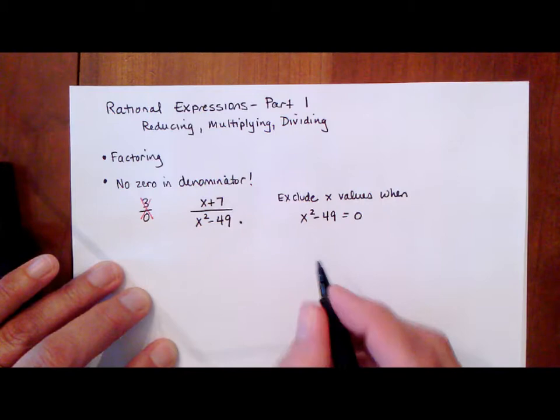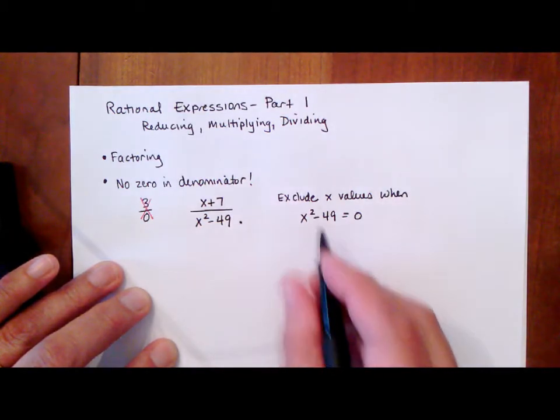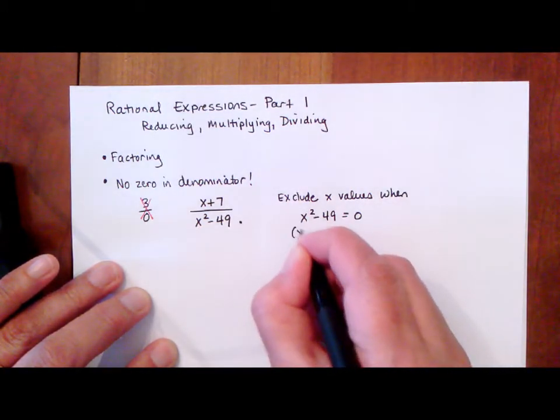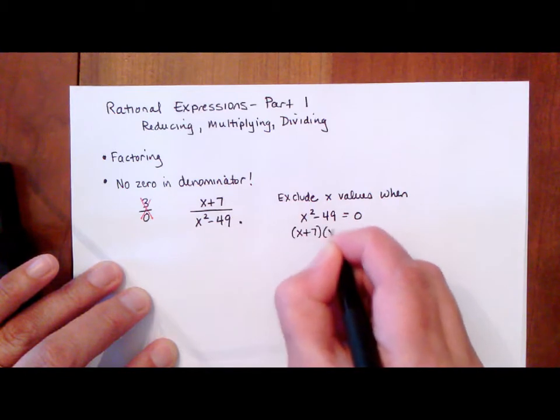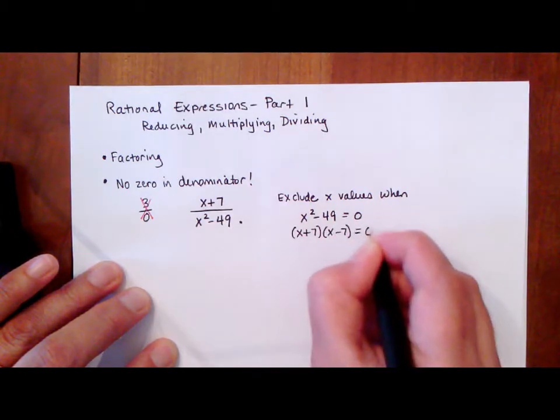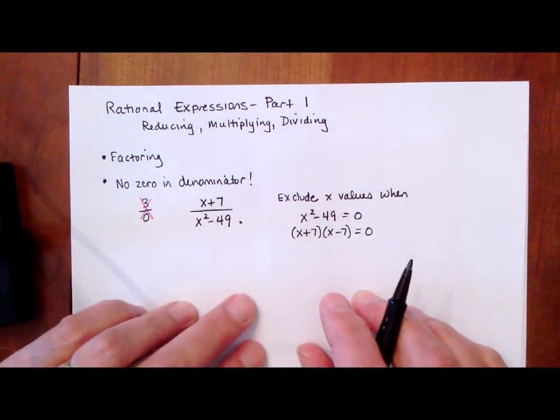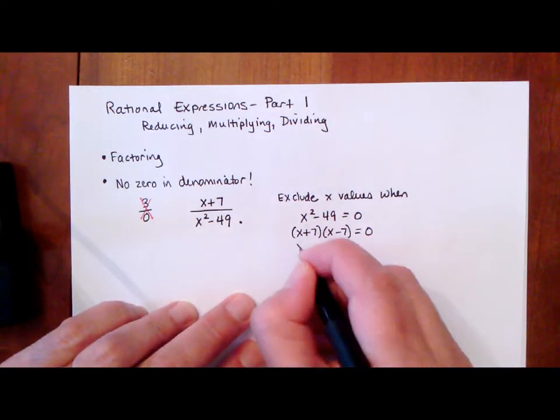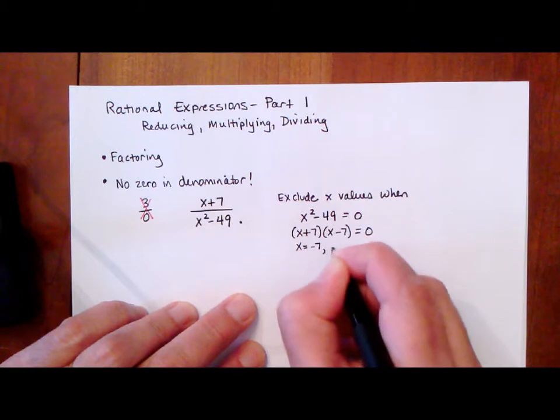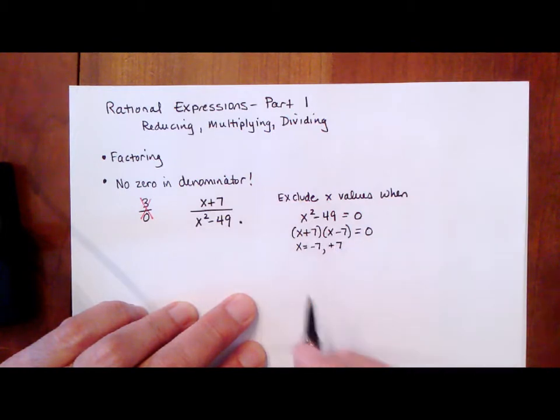In order to see specifically what x values are problems, I often need to factor. So I'm going to factor that expression, and I now can determine that I have a problem when x equals negative 7 or positive 7, because at negative 7 or positive 7, that expression x squared minus 49 will equal 0.